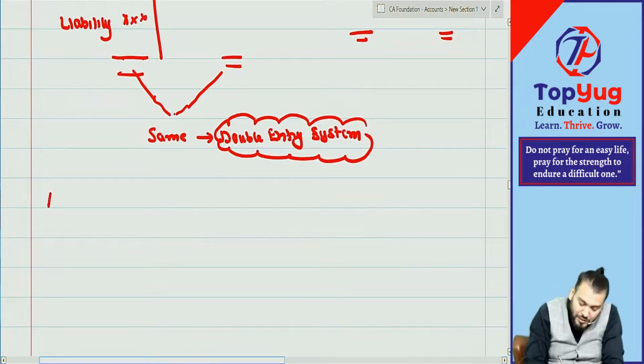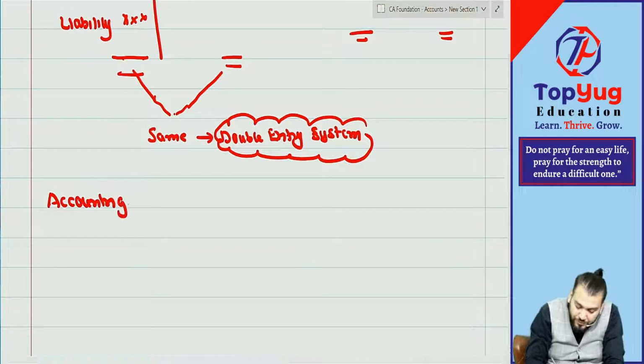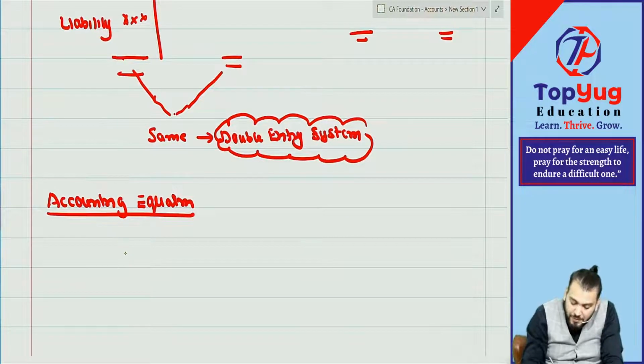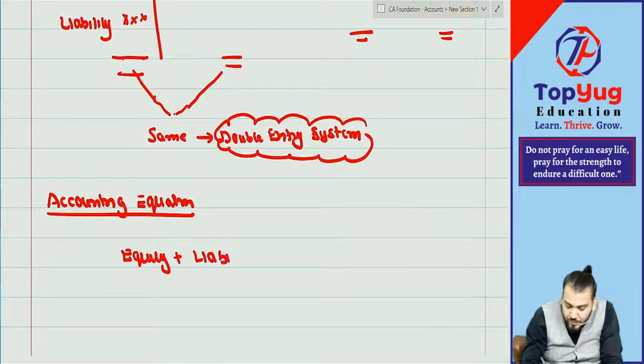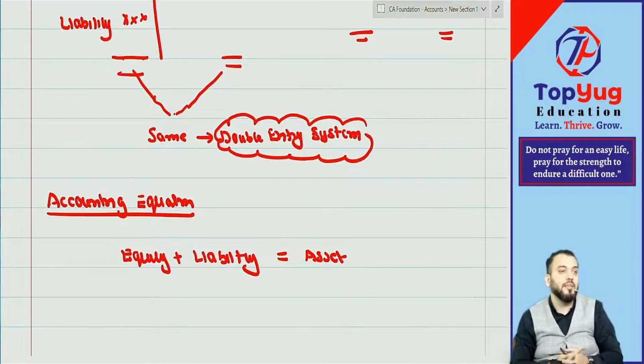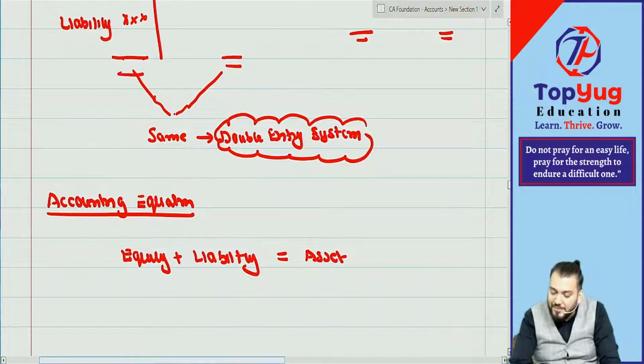So what is the equation? Our accounting equation says that equity plus liability must be equal to asset. This is the accounting equation. Equity plus liability must be equal to asset. Now let us expand it.